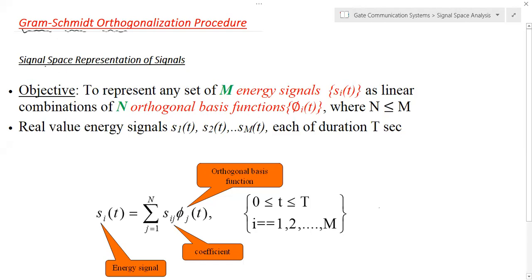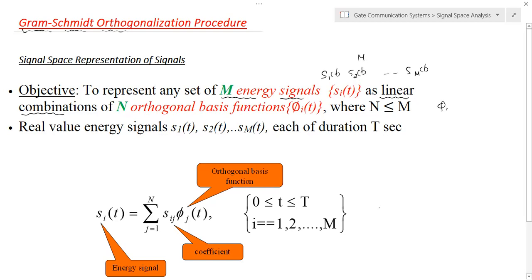Okay, so from the idea of signal space representation of signal, we can say that m energy signals, for example, Si of t, or I can say that S1 of t, S2 of t, etc. up to Sm of t. So there are m set of signals, and these m set of signals can be represented as a linear combination of some other signals.